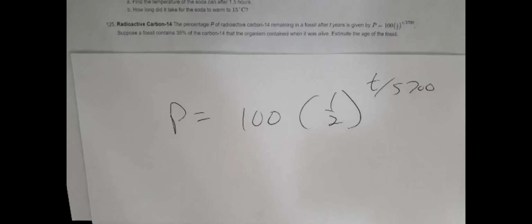It says P equals 100 times 1/2 to the t divided by 5,700. It would go where P is, so I'm plugging in 35 into my P.